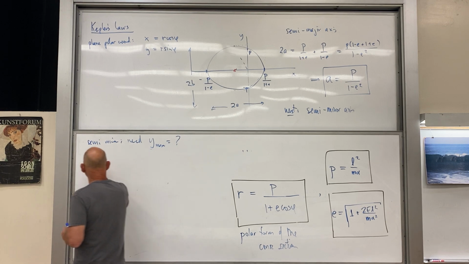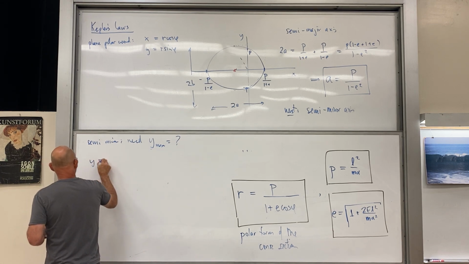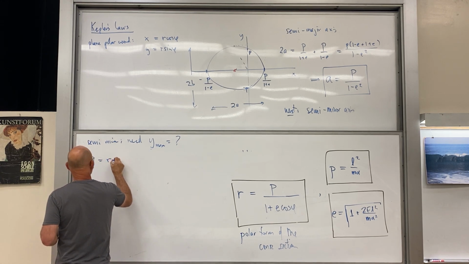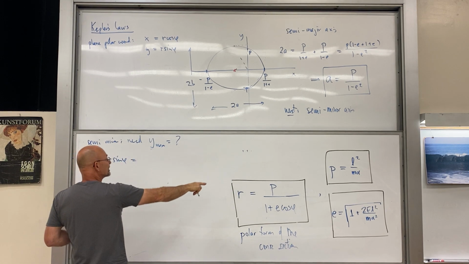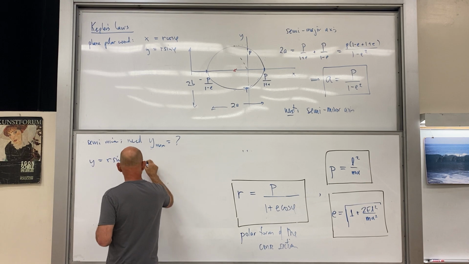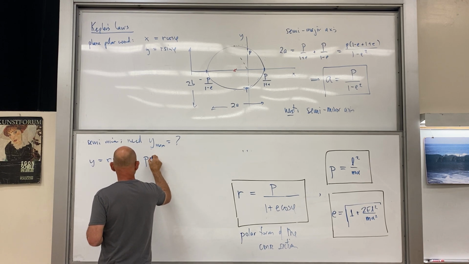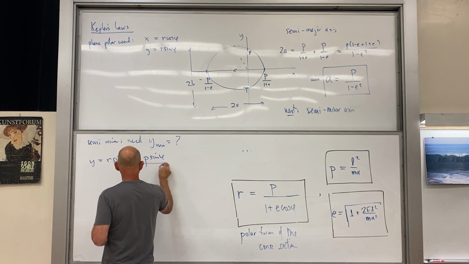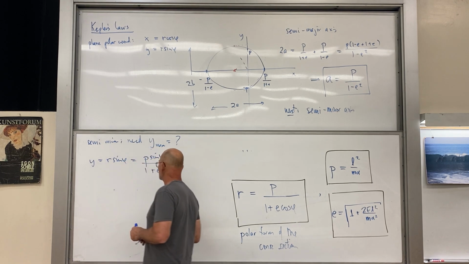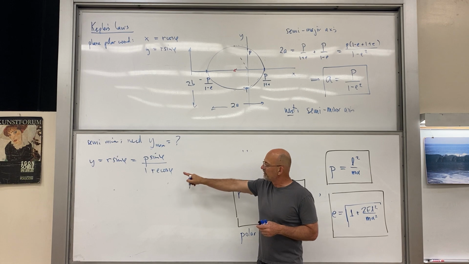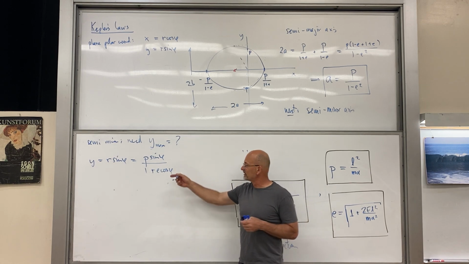What we do is we take y equals r sine of phi, and then we use our definition of r, so that is p sine of phi over 1 plus e cos phi. So this is y as a function of phi. We differentiate it, set the derivative equal to 0.